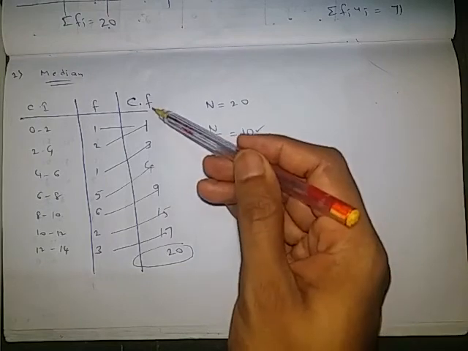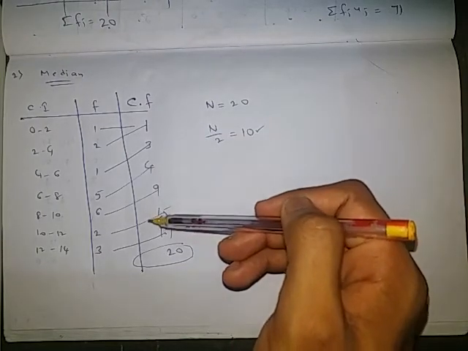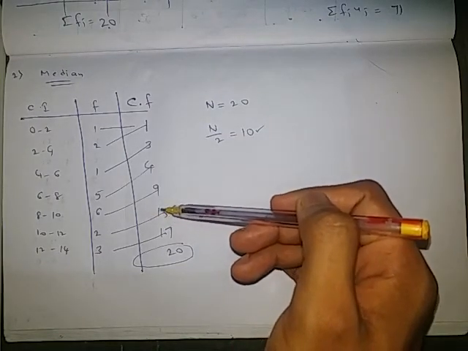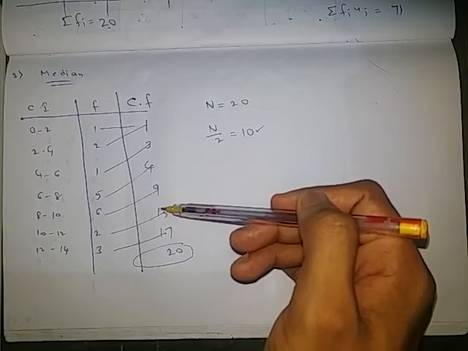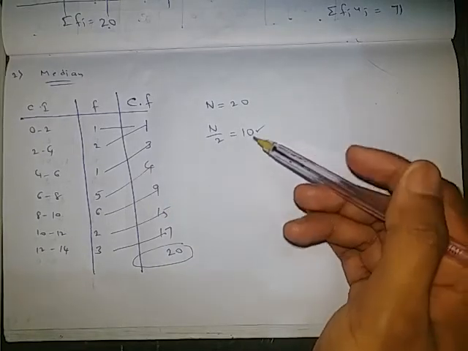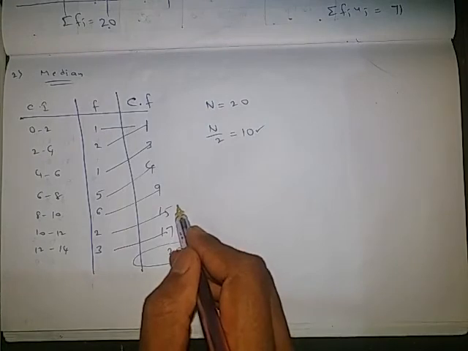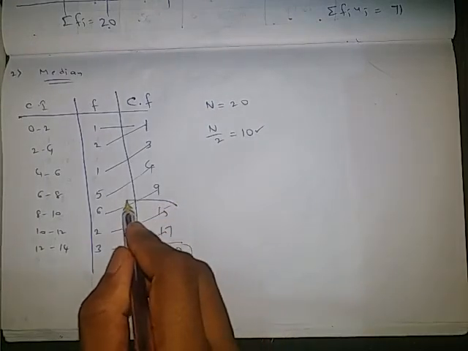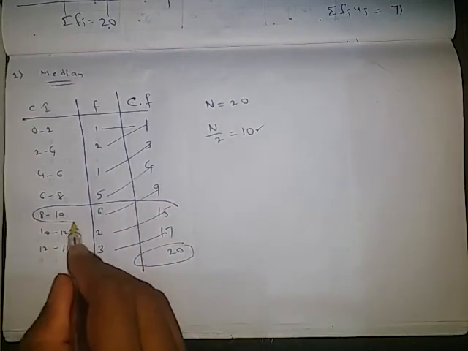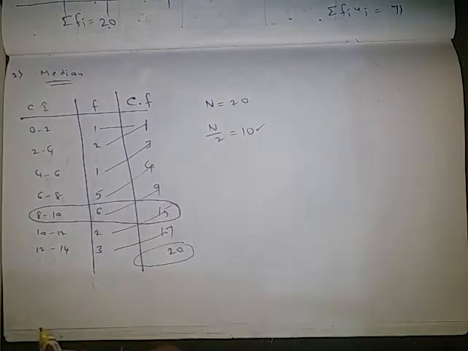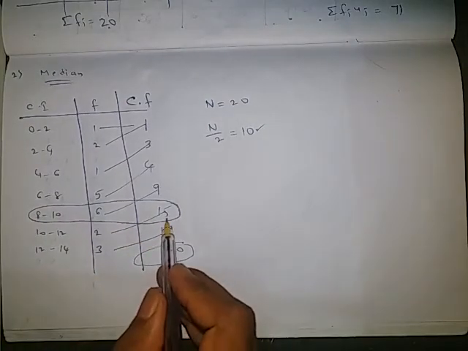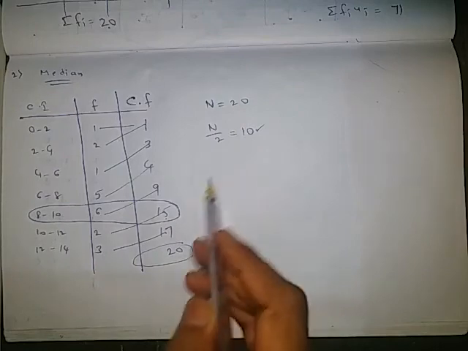Now from the cumulative frequencies we need to check the number which is more than 10, that is 15. Now observe this row completely. So that 15 is more than 10.